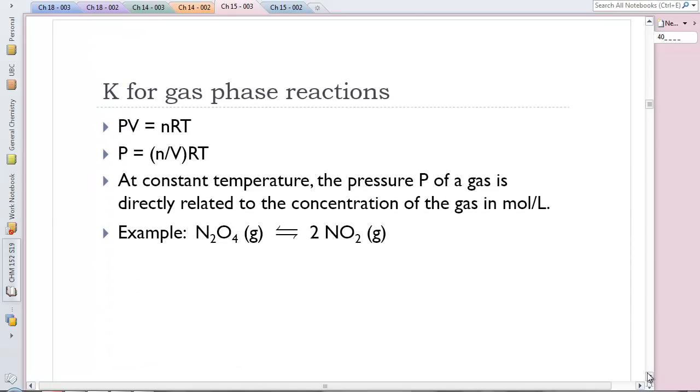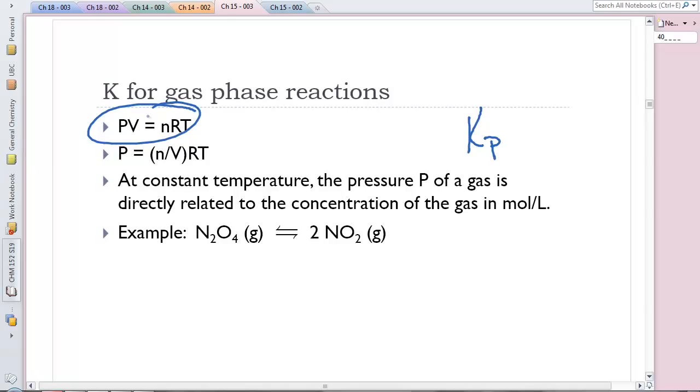Now, this is something new, and we're going to get to something called Kp. And as you can see here, the P stands for pressure. So for gas phase reactions, everybody loves the ideal gas equation. Very nice, simple equation, works very well. And for our purposes, normal atmospheric conditions, room temperature, those are fairly ideal conditions for a gas.